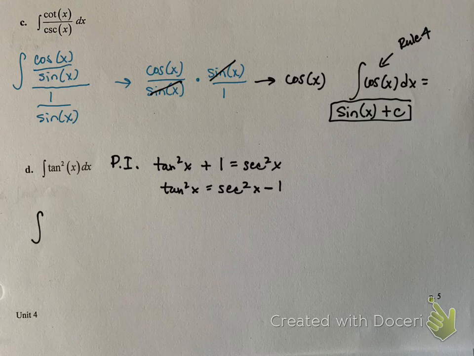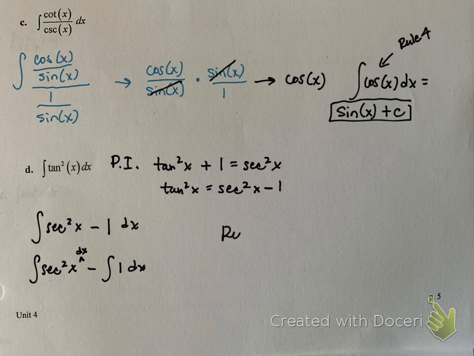So if I take and integrate secant squared x minus 1 dx, I can do this because I have a rule for secant squared x. So I can break this up into two parts. I can integrate the secant squared x dx and integrate the 1 dx. And I should have a little dx in there. So when we do this, I look at the rule, and if I look at rule number 6, and let's write this one out, the integration of secant squared x dx equals tangent x plus c.